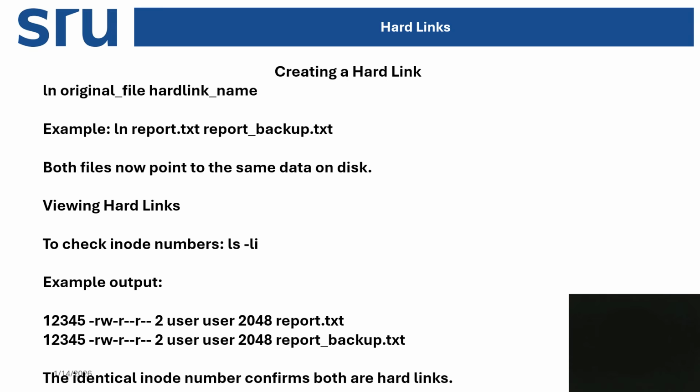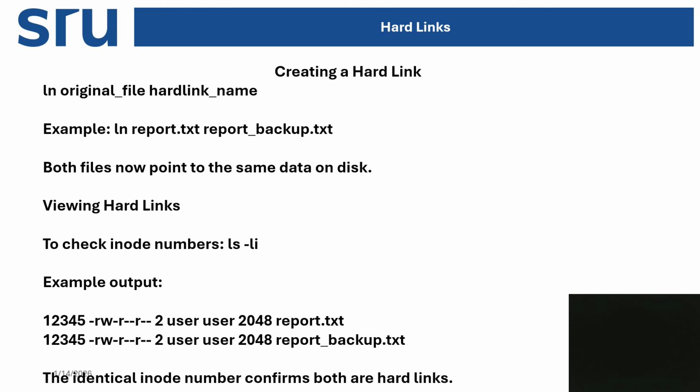Next, how to create a hard link? The example is like: ln report.txt report_backup.txt. So here both files now point to the same data on the disk. Now how to check such hard links? ls -li, okay? Then automatically it gives some output.